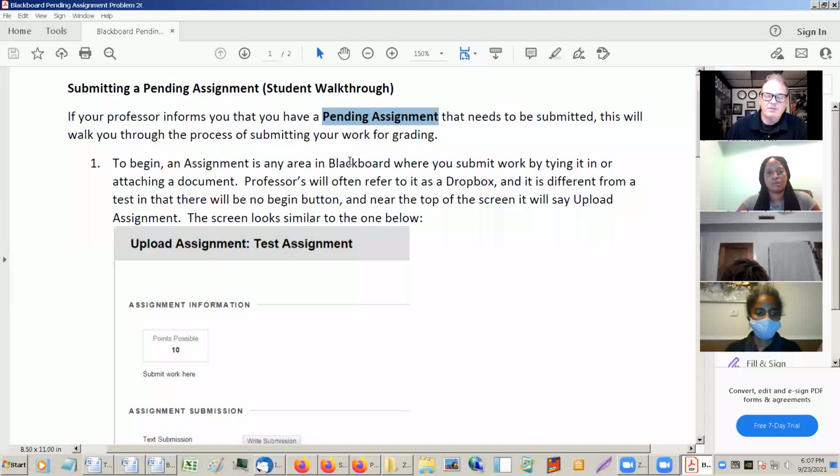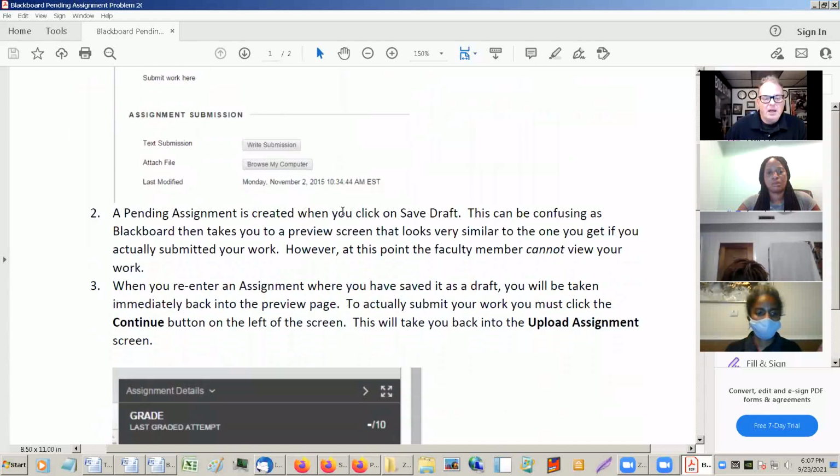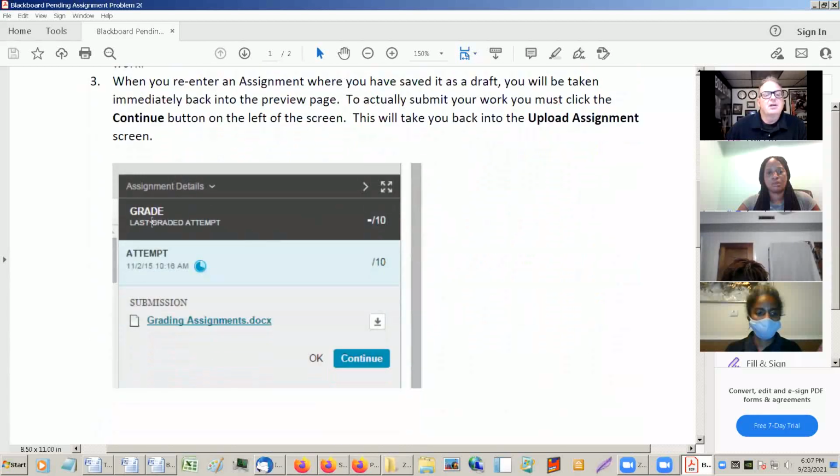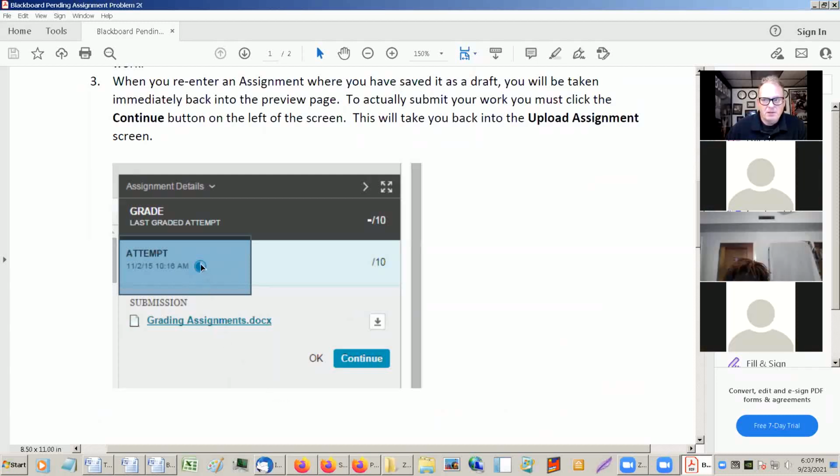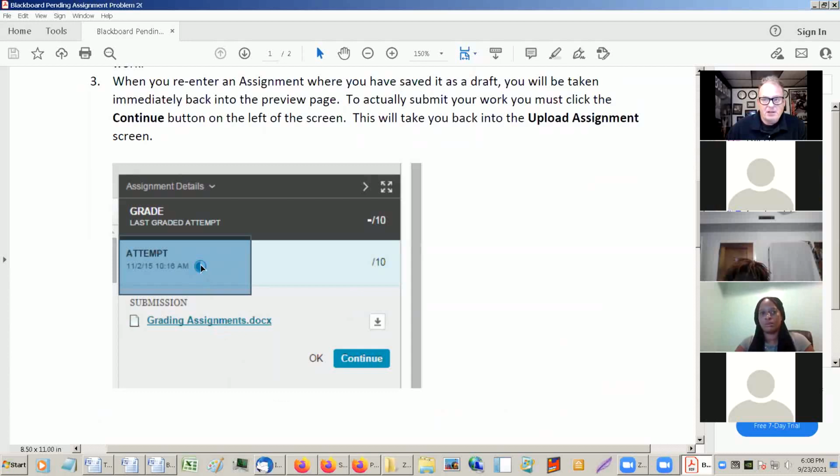So if you hit save as draft, or if you submit it without closing it, it'll be in there. And this is what I see. It'll show me that. I do not get the submission down here. It just shows that it's pending. And there's nothing for me to cancel out, because I actually don't get to see the submission underneath.